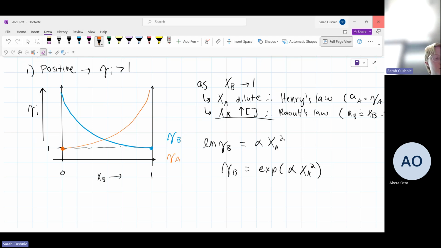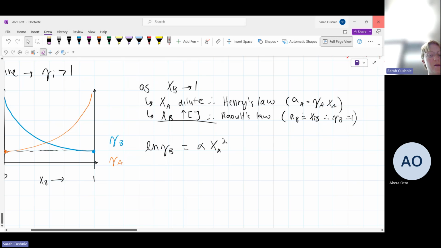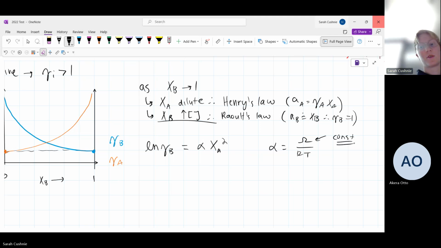But now we have the first part of the question, and it's also asking us for some sort of temperature dependence. So how does this actually relate to temperature? We're going to go back and look at ln gamma is equal to alpha times x. But remember, alpha is defined as omega over RT, where omega is a constant value.